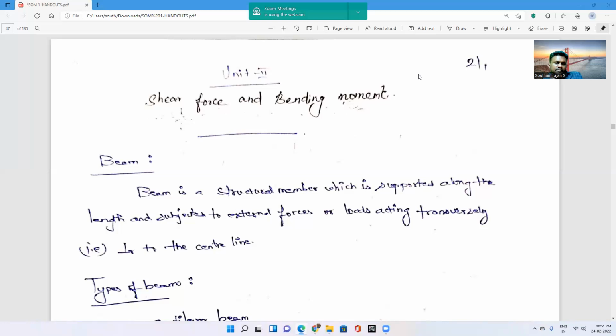Similarly, by the type of support it will be divided into many forms. First we will go through a beam which has a varying length, load as well as cross section.